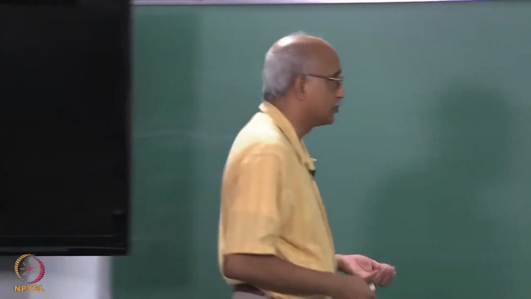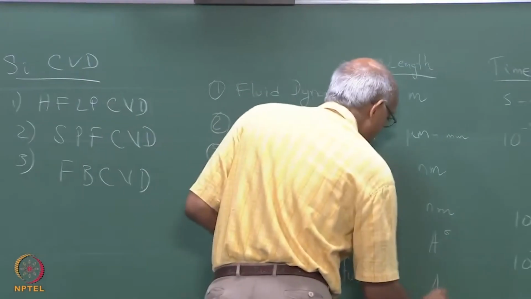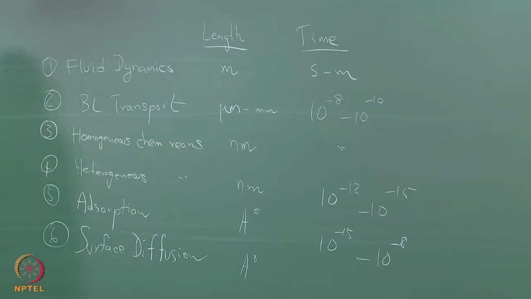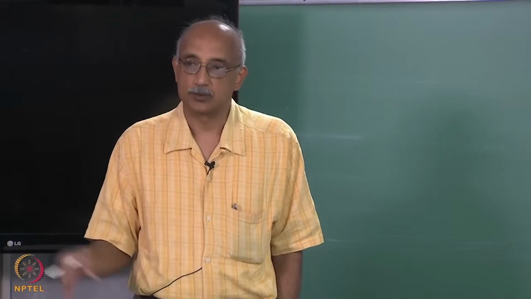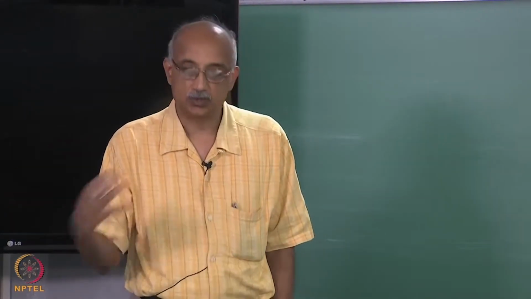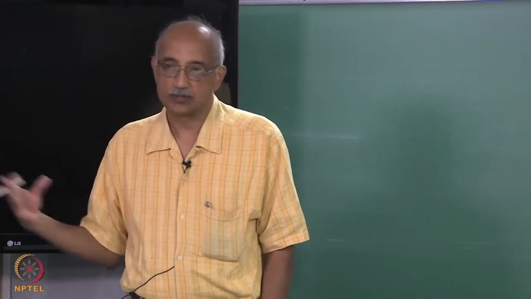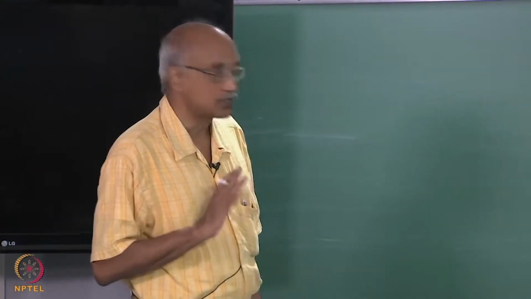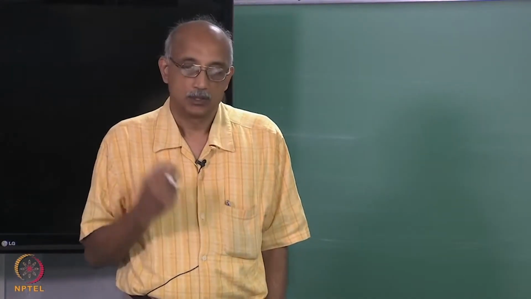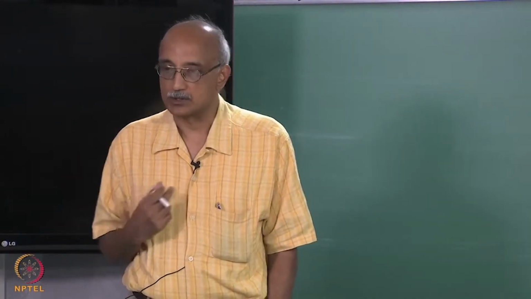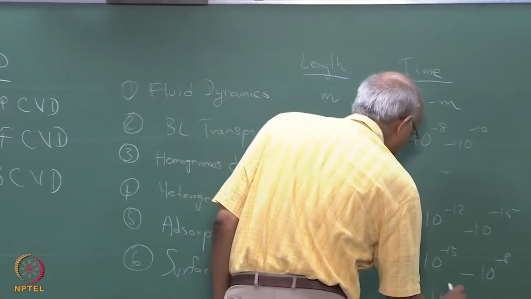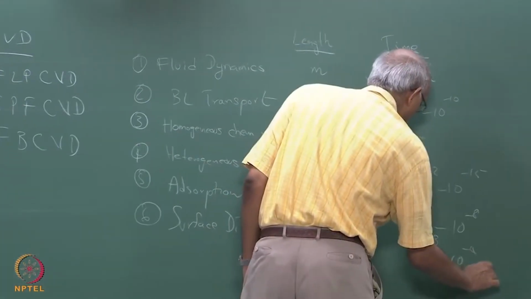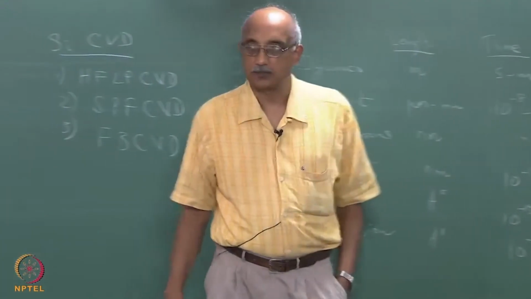And again we are talking about length scales that are of the order of angstroms, and time scales for a molecule to move about on the surface, find adjoining molecules, form clusters, then for the clusters to grow, attach themselves and form a continuous film can take much longer compared to the diffusional or the adsorption processes. So, we are back to a time scale that can be as much as 10 to the power minus 3 to 10 to the power minus 4, it is the order of milliseconds, right.